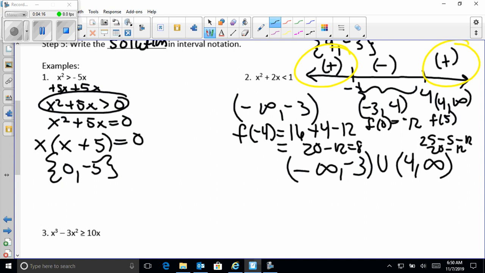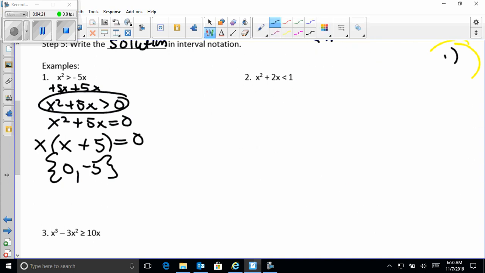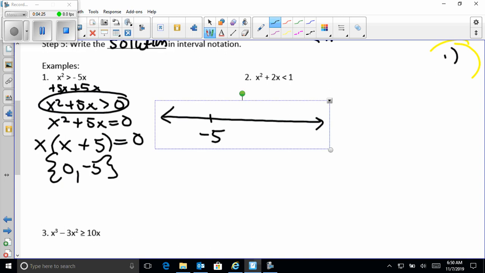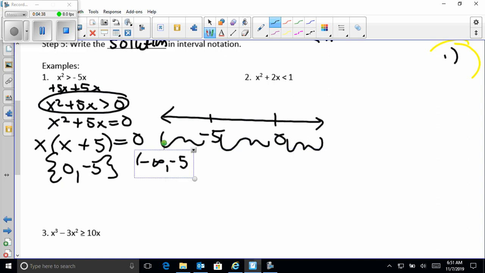So thinking about my number line, I'll erase this over here. I have a number line, -5, 0. I'm going to test 3 intervals. That's where I'm looking to see where this holds true. So I'm going to test the -infinity to -5 interval.